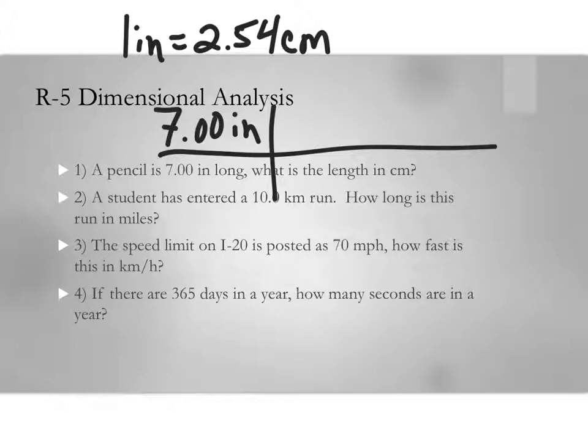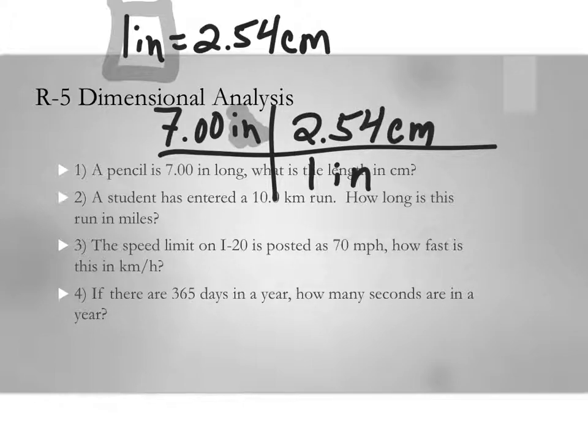I start with 7 inches, the measurement I am given, in the top left. Now I have to use the conversion factor in there. I want to cancel out the inches. So I'm going to take that and put it down below, 1 inch. The other number, the 2.54 centimeters, is going to go above it.